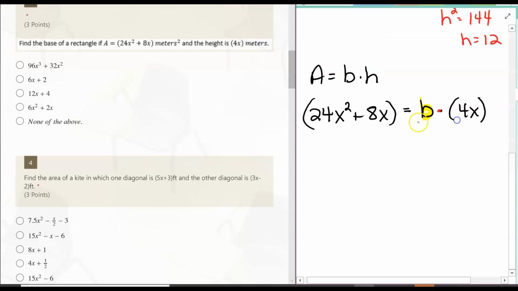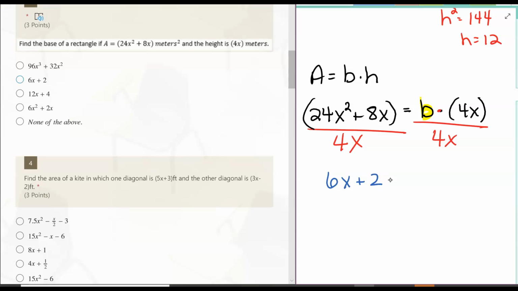And since this is multiplication, we can divide by 4x. So when I divide this whole thing by 4x, it means every single piece gets divided because this is addition in here. So 24x squared divided by 4x gives 6x, plus 8x divided by 4x gives me 2. So that's where we have 6x plus 2 as our result for the base.